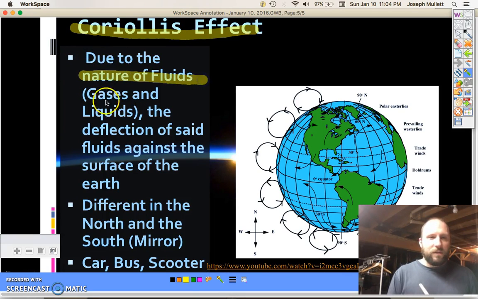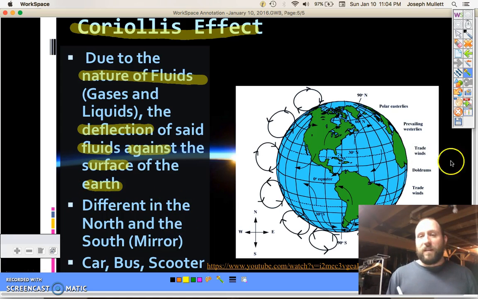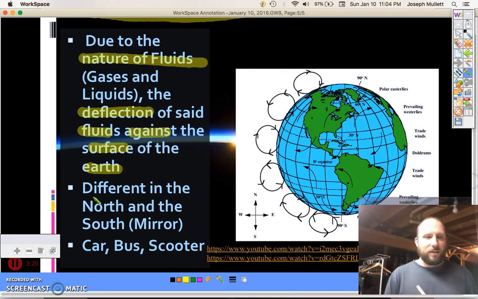Nature of fluids, deflection of fluids against the surface of the Earth. You get this effect that we call the Coriolis effect. And so it's different in the north and the south, but they basically mirror each other.